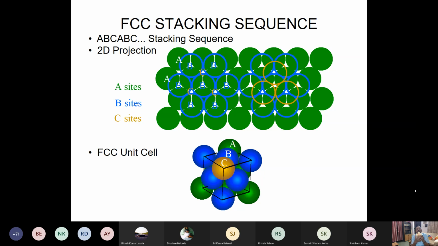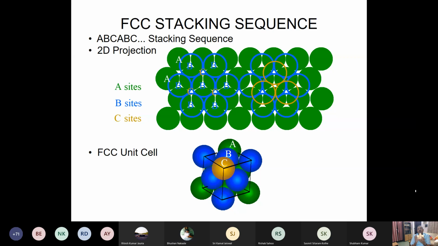In hexagonal, the next layer of close packed planes will be sitting just above the A. But instead, I put only one atom, I'm showing, but this is part of the entire close packed layer of atoms. I put it at the C position, which was previously unoccupied in the case of HCP. So what stacking of atoms do I have right now? ABC.